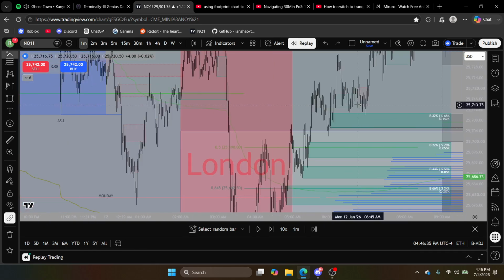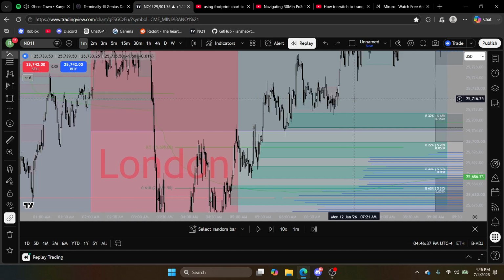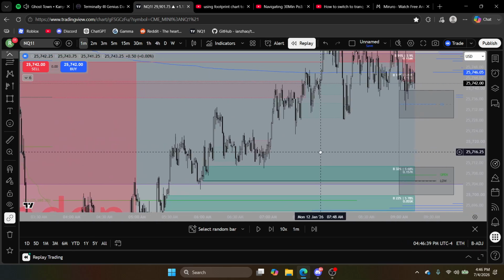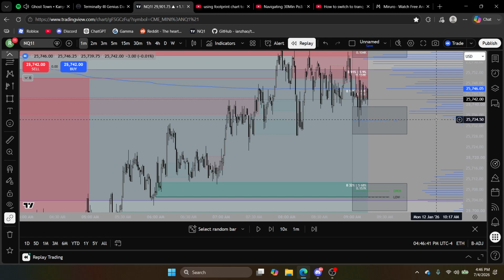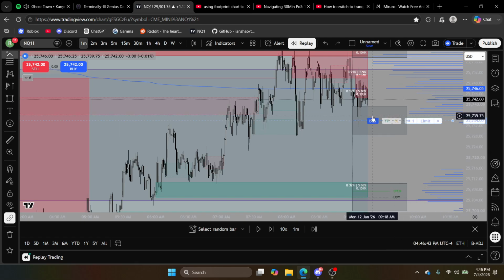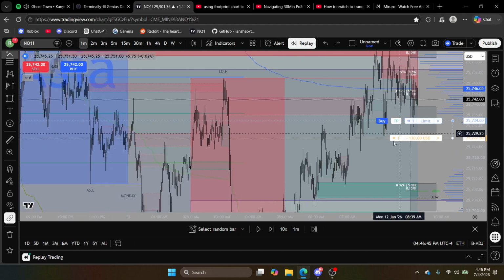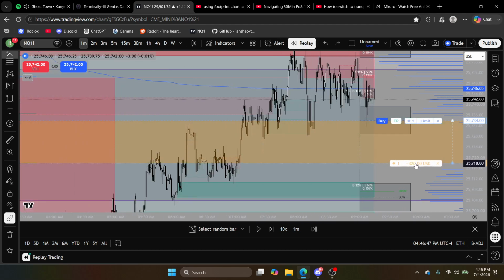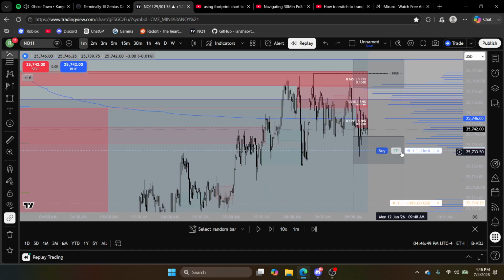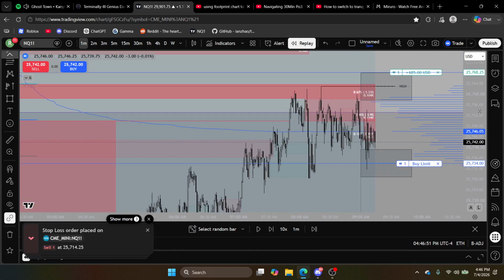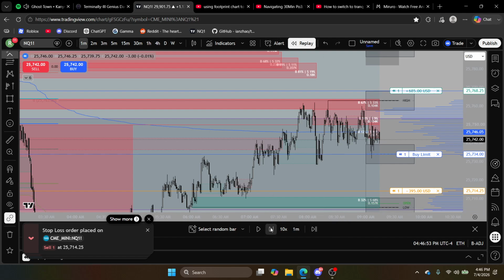This is a very choppy day. This might actually be a bank holiday too. Let's try it out. Let's just limit this rejection block right here. We seem to be very bullish. Oh my God, this is some crazy chop. Assuming we hold bullish trend, maybe that's not a bad trade.